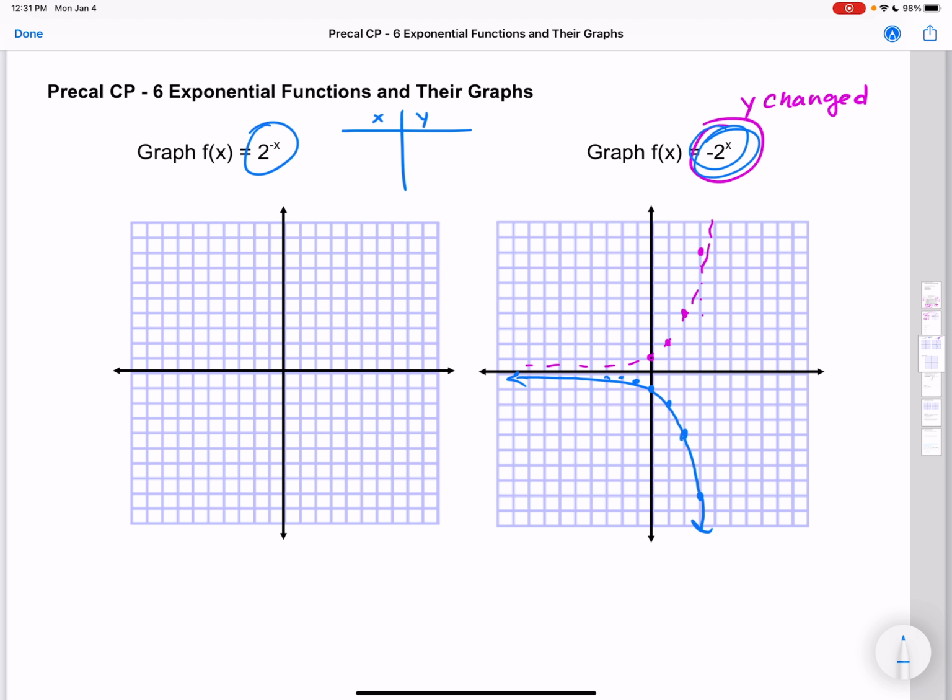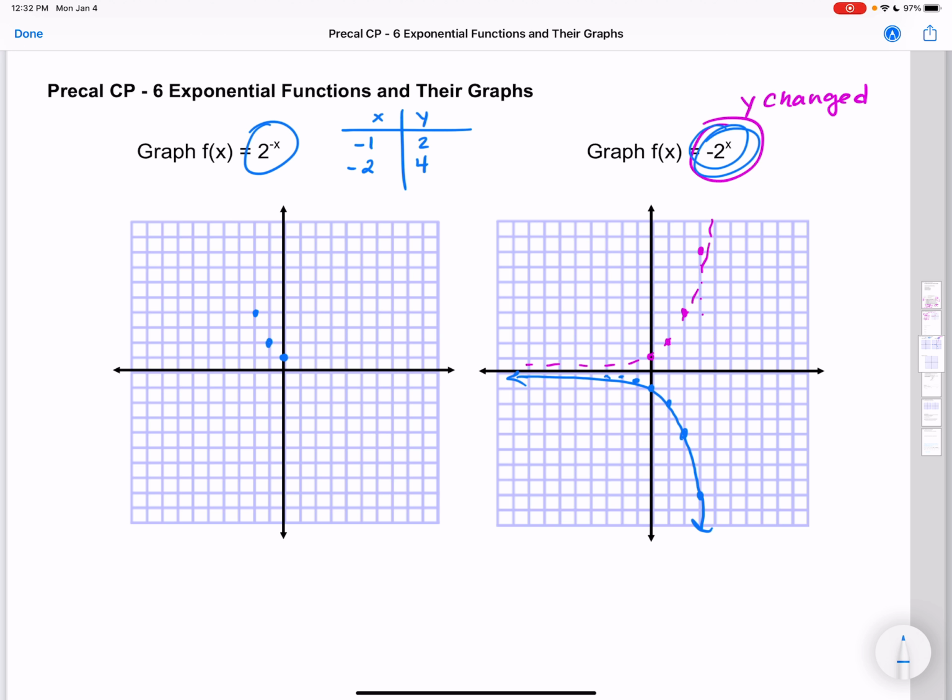When x is 0, y is still 1. But when x was 1, y was 2. So now it's going to be -1, -1, 2. And when it was 2, it was 4. So now when it's -2, it's going to be 4.